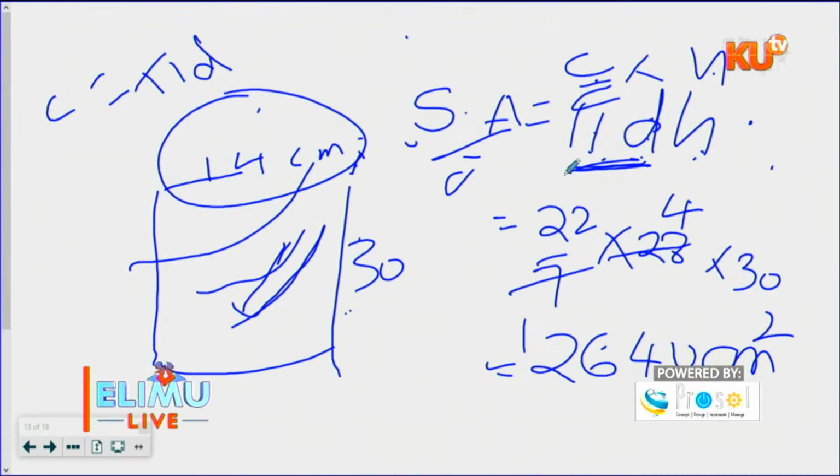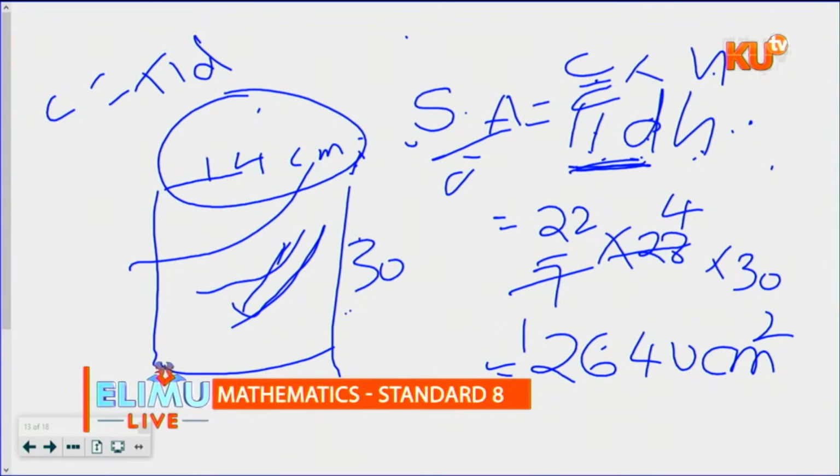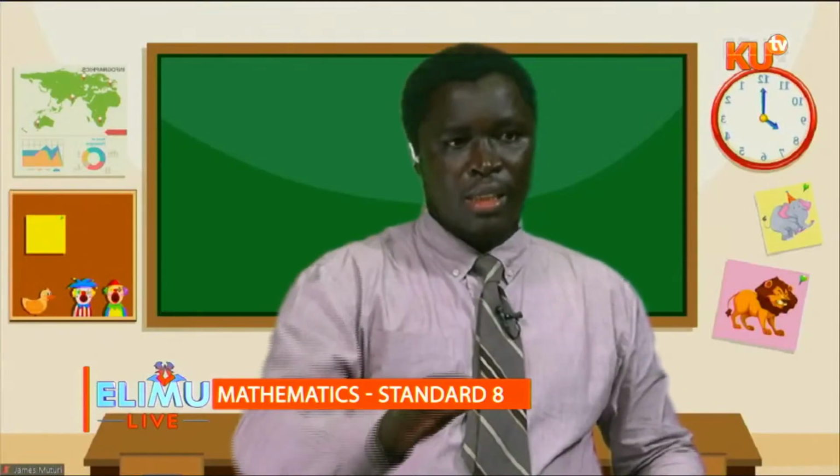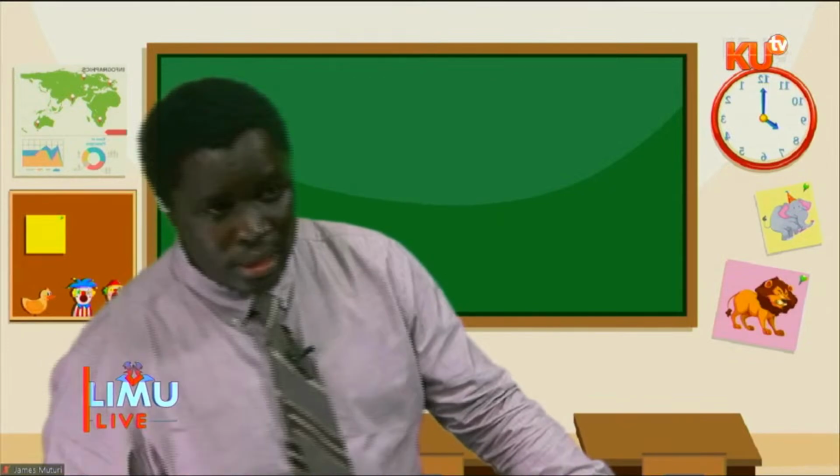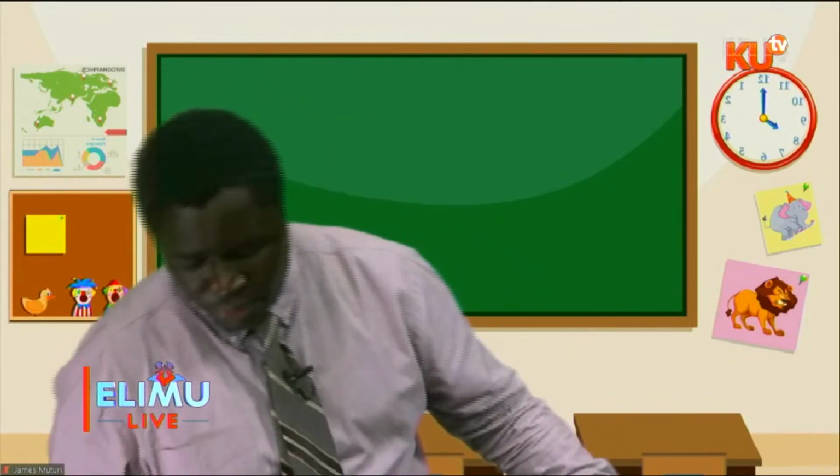So it will be pi d h, 22 over 7 times 28 times 30, and using simplification by cancellation, 7 into 28 is 4, then multiplication gives us 2,640.